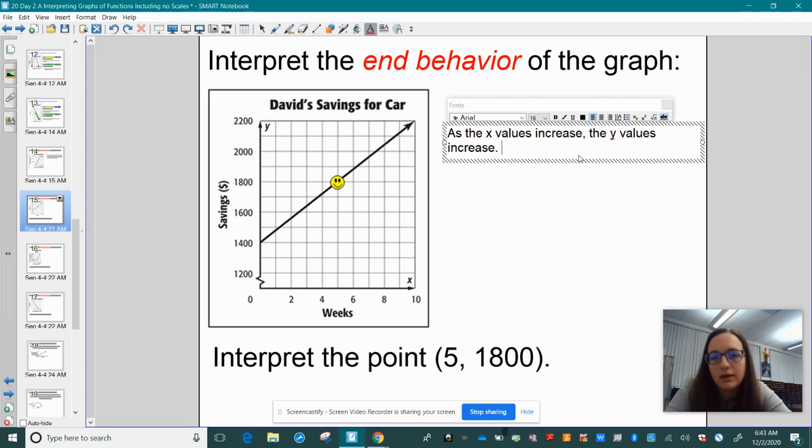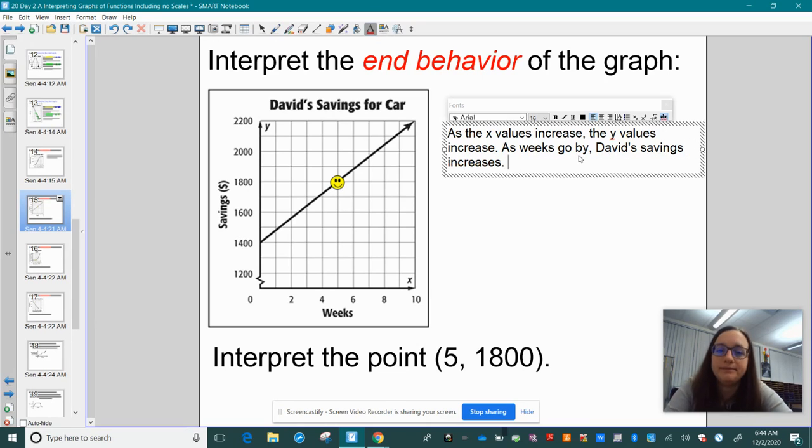And then you can put it to words, right? As weeks go by, David's savings gains money, grows, increases in value. I'm going to put increases.